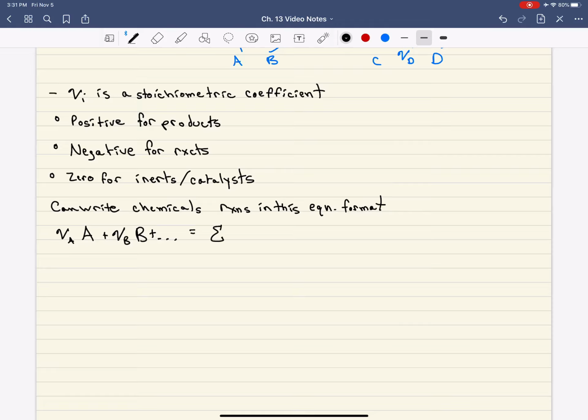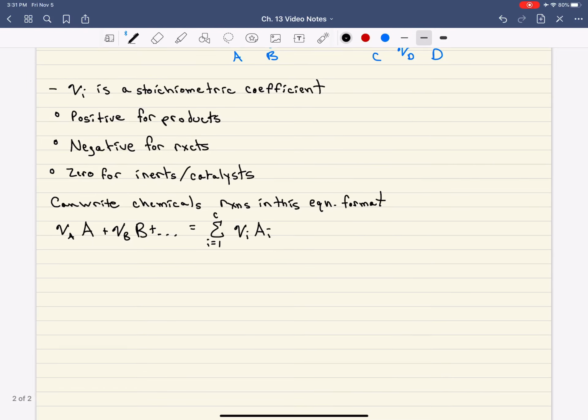So basically what we have is the sum, for however many components we have in the reaction, of nu i and then chemical name sub i.